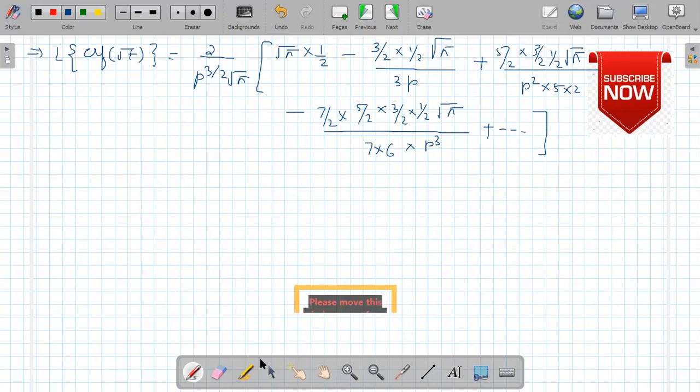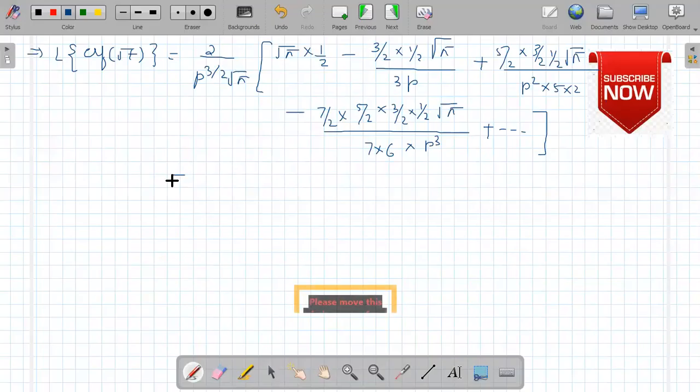Now 2 upon p raised to the power 3/2, square root of pi will cancel all the square roots of pi.